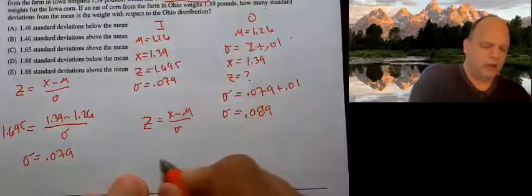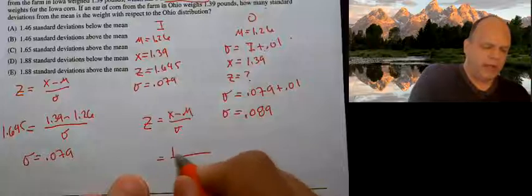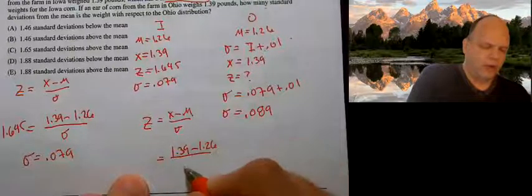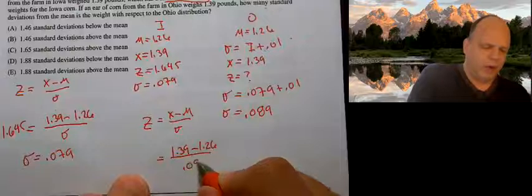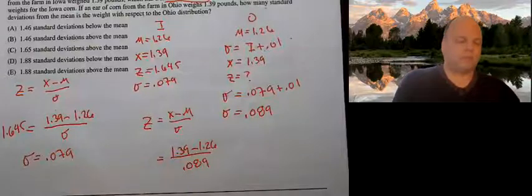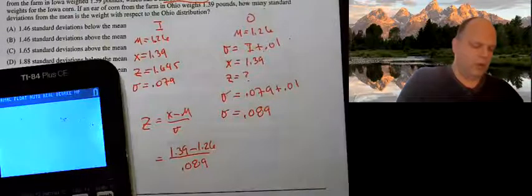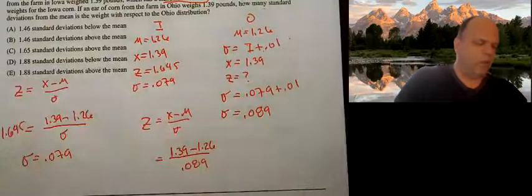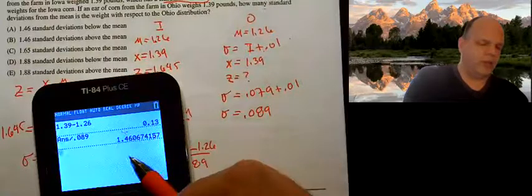Let's plug in. Well, we have 1.39 minus 1.26, and we're dividing by 0.089. 1.39 minus the 1.26, and I divide by 0.089, and I get a Z-score of about 1.46 standard deviations.